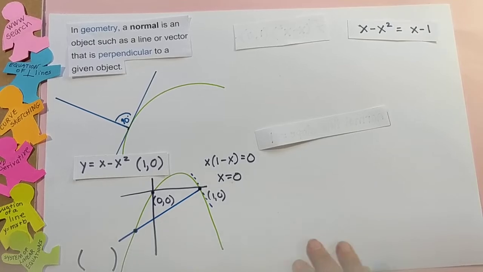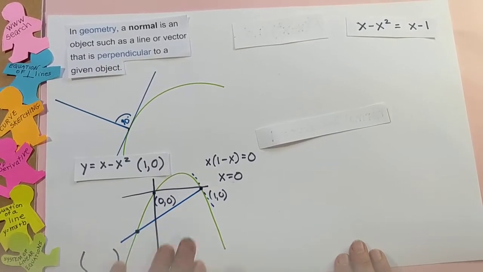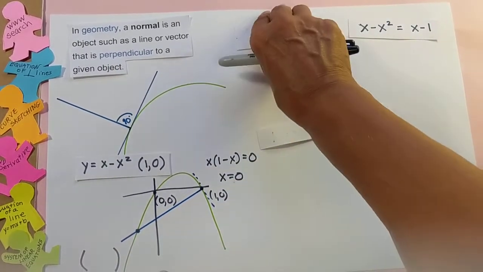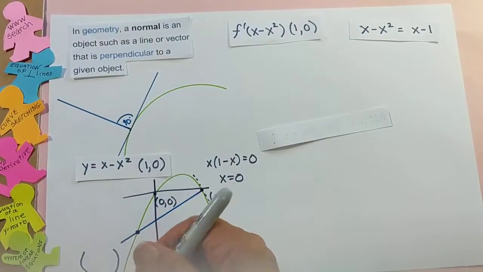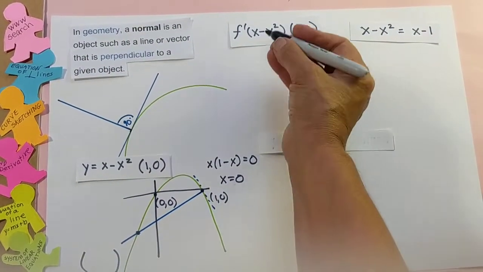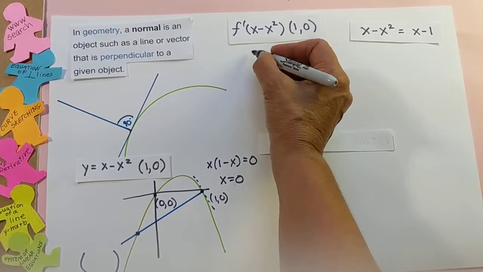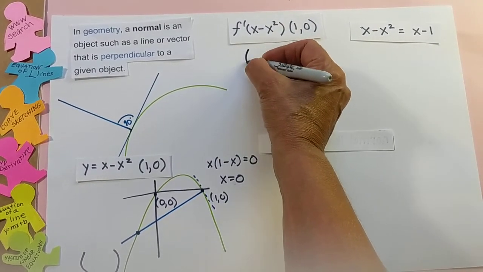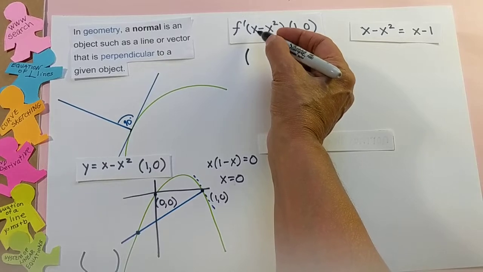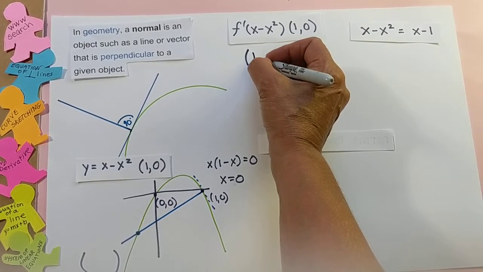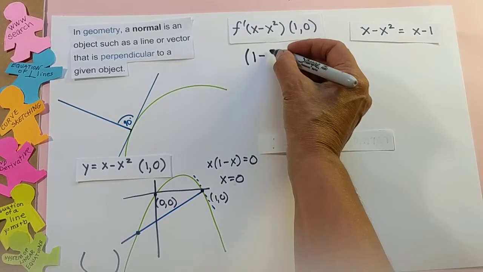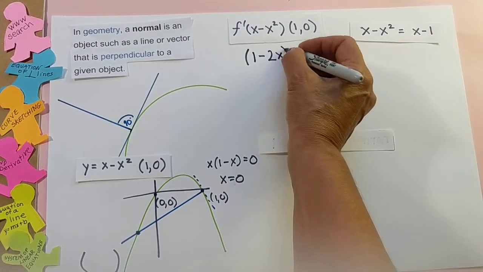I've done some geometry, some curve sketching, and now I need to do some calculus. And this is probably the easiest part because this is a pretty easy calculus problem. We know that the derivative of x is 1, and the derivative of x squared is 2x.